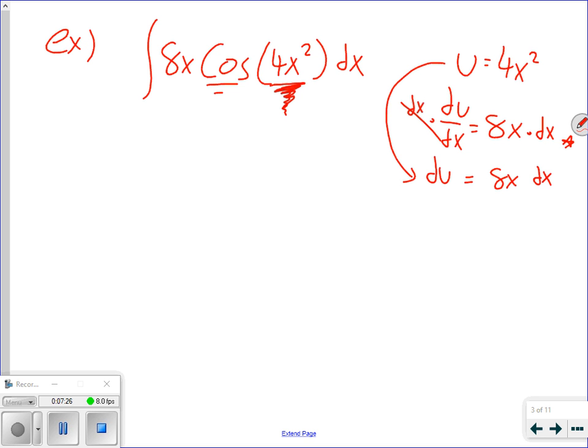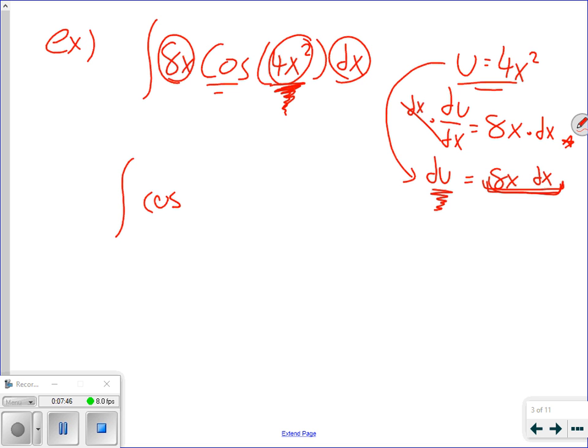Now, if we did it right, a lot of times we'll be able to identify this piece in the problem. For instance, here's 8x, and here's dx. So I can substitute both those values out for du, and I can substitute out the 4x squared for u. So my problem in terms of u is just going to be cosine of u du.